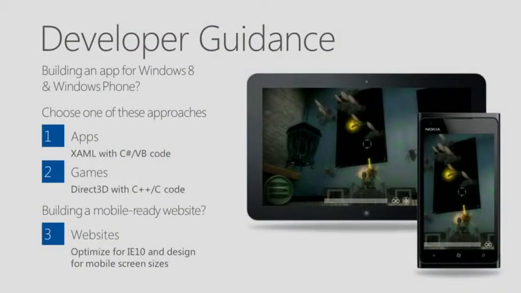Then you need to take into account the resolution scaling and use the right scaling. So if you're on a high-end desktop, you may use higher resolution assets, and on Windows Phone, use lower resolution assets because the screen is smaller. For those who are building mobile-ready websites, we recommend that you optimize for IE10, but make sure you design for a mobile screen size.